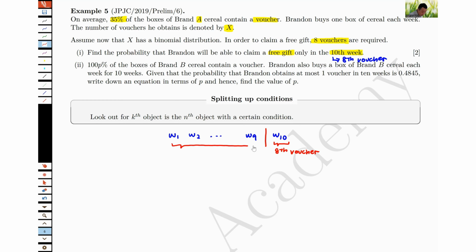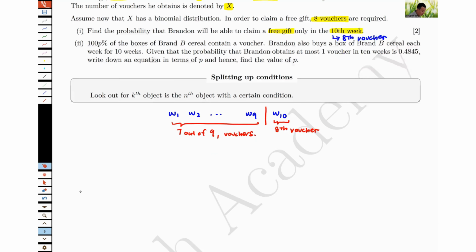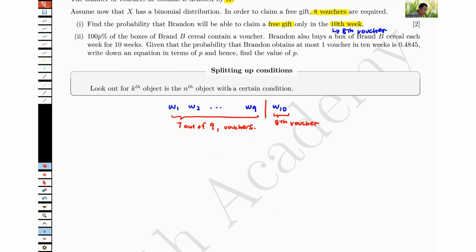So before week number 10, what will happen in weeks 1 to 9? There will be 7 out of 9 weeks that will have vouchers, in any order. I will not know which 7. So this is the question type where you look out for such phrases or concepts where they tell you that the kth object, in this case the 10th week, is the 8th week that has a condition.